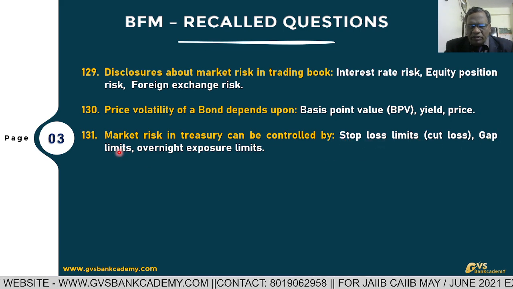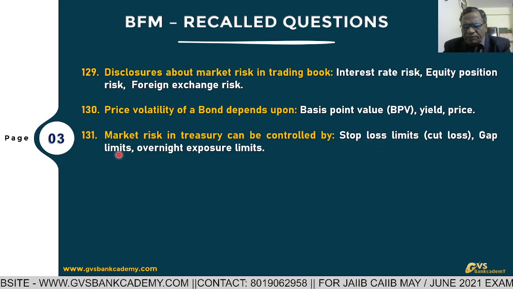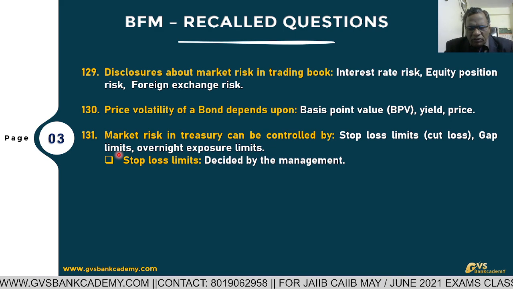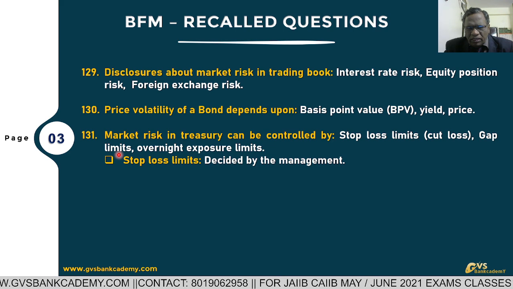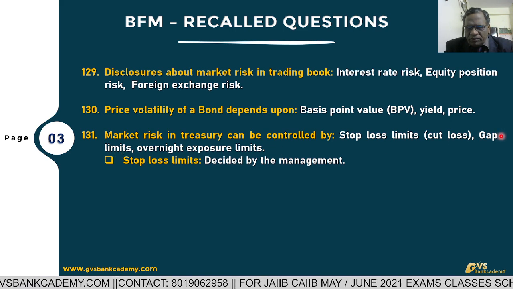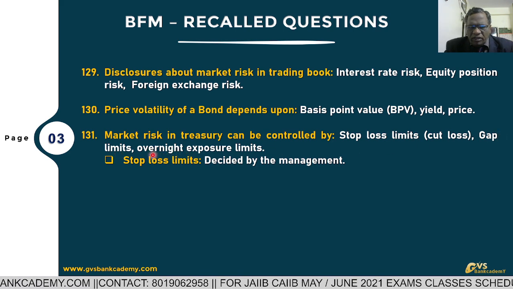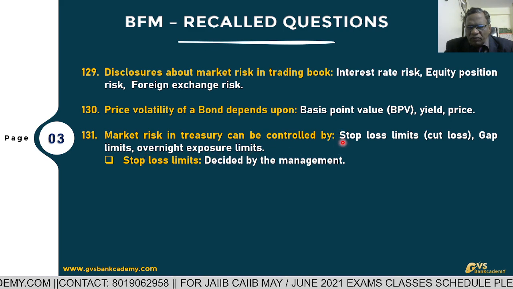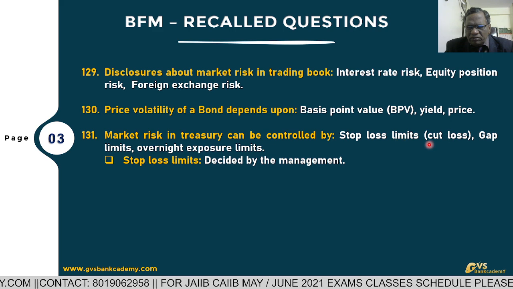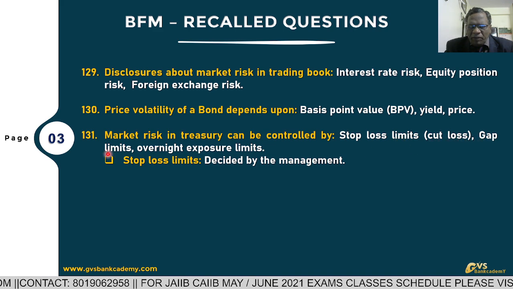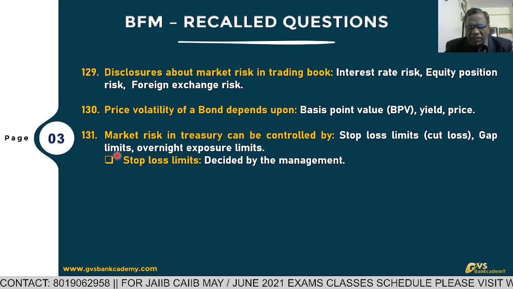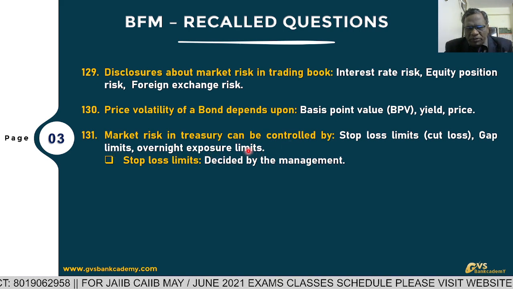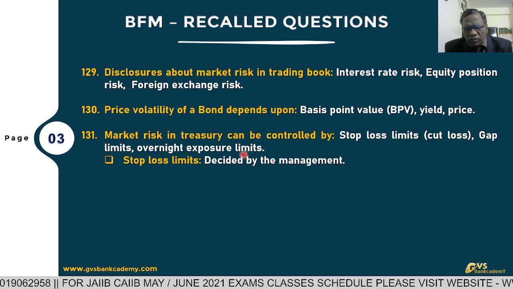Gap limits means if a bank is dealing with many foreign currencies at a time, currency wise they have to fix the gaps and overnight exposure limits. Through these three steps, one is stop loss limits, that is cut loss limits, second is putting gap limits for various currencies, plus overnight exposure, that is how much overnight open position can be allowed.